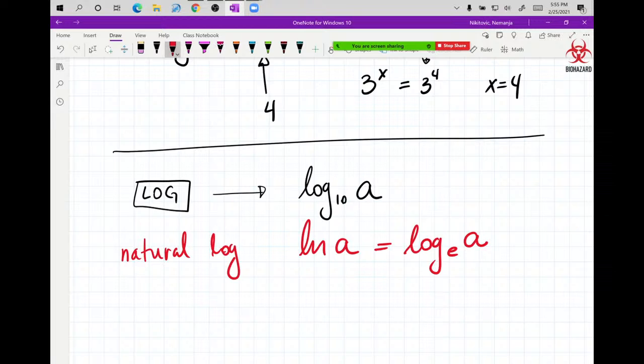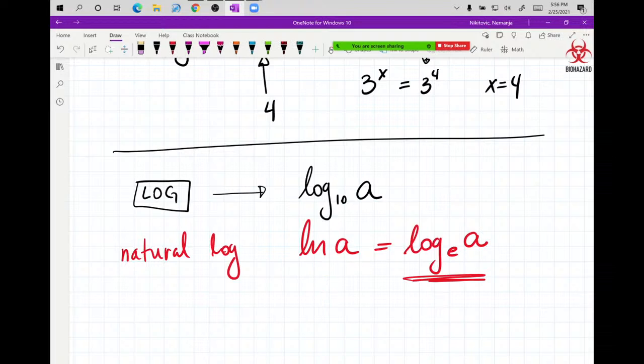Remember the special number e from last class? So if your base for the log is that special number e, then we use ln rather than log. It's a lazy notation, guys. Between this notation and this notation, you have 2 characters less to write. That's it. There's no other difference. You just have less writing.